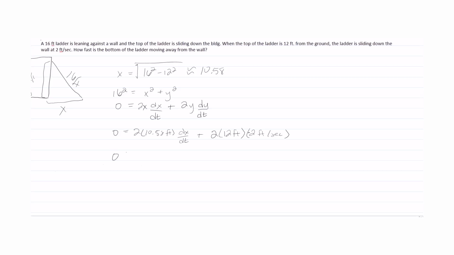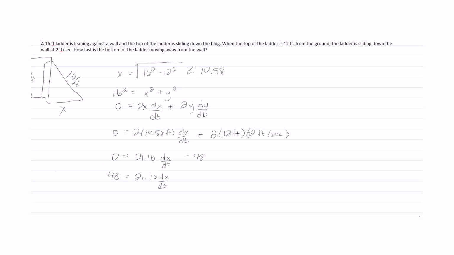We find that 0 is equal to 21.16 dx dt minus 48. We isolate our variables. We get that 48 is equal to 21.16 dx dt.